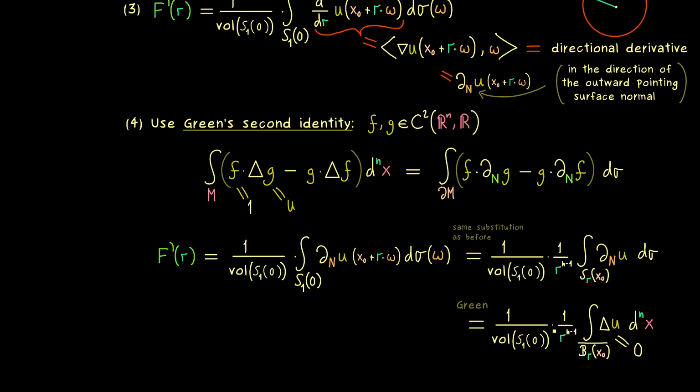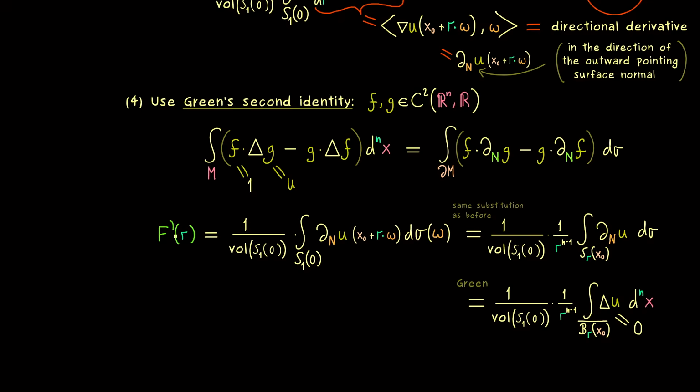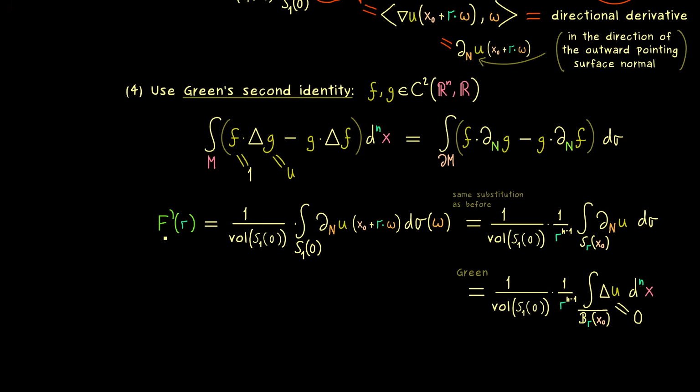So the conclusion here is, no matter which radius r we choose, this derivative of f is always equal to 0. So we have a differentiable function defined on an interval with vanishing derivative, and this definitely implies that we have a constant function. And this is exactly what we wanted to show.